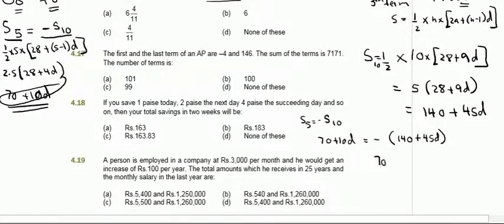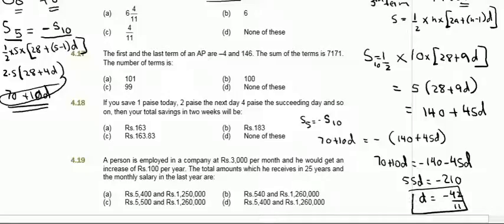This will be 70 plus 10d equals negative 140 negative 45d. If I solve this for d, it will be 55d is equal to negative 210, and d will be negative 42 over 11.